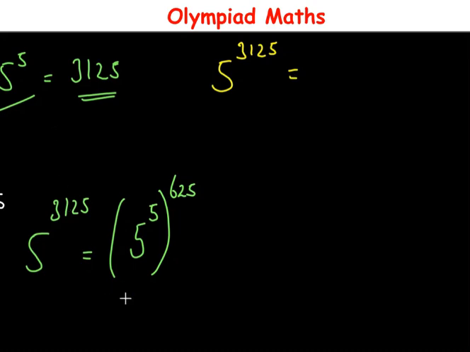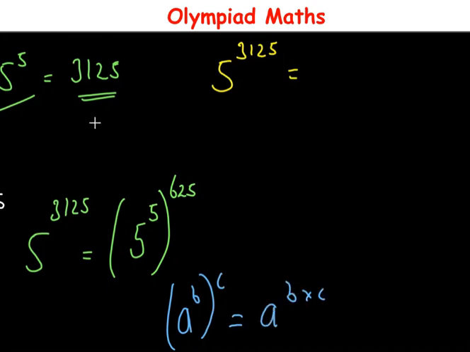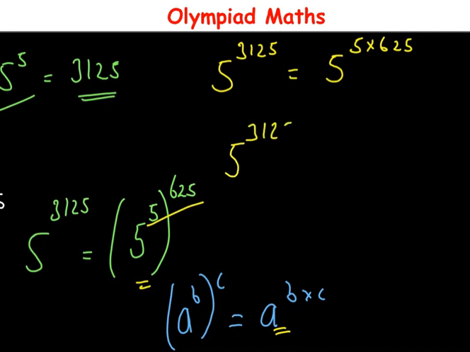Then applying this rule, if you have a raised to power b, raised to power c, this equals a raised to power b times c. So right here, we have 5 raised to power 3125 is equal to 5 raised to power 5 times 625.